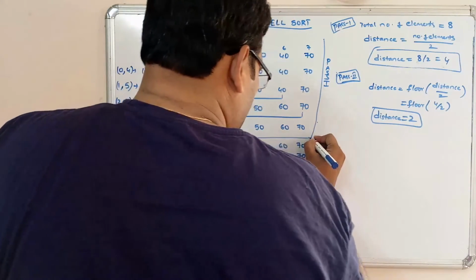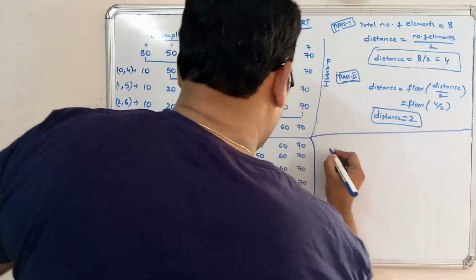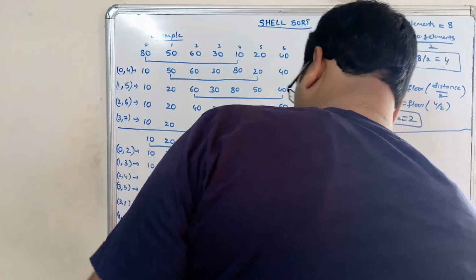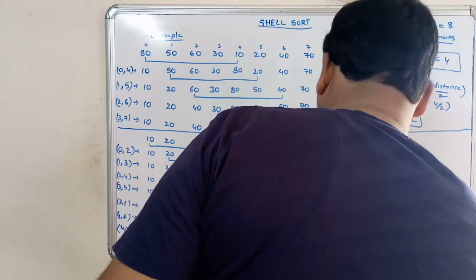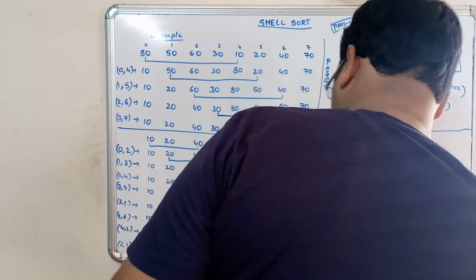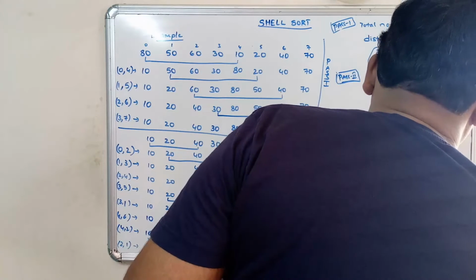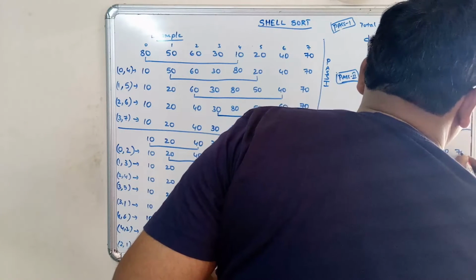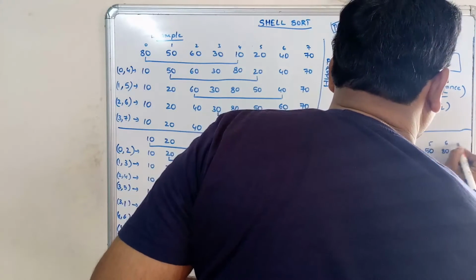Now continue this one: 10, 20, 40, 30, 60, 50, 80 and 70. So 0, 1, 2, 3, 4, 5, 6 and 7.